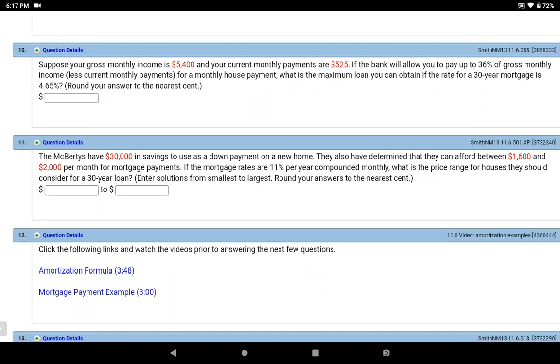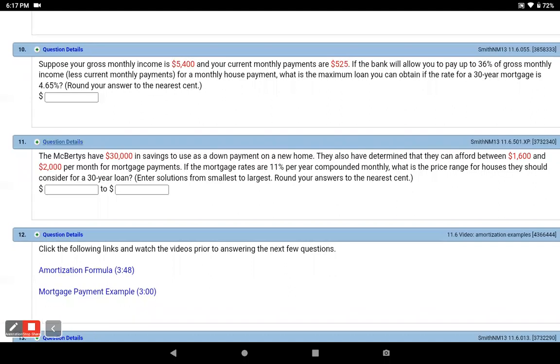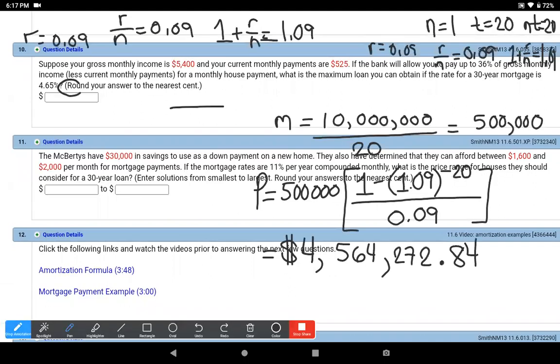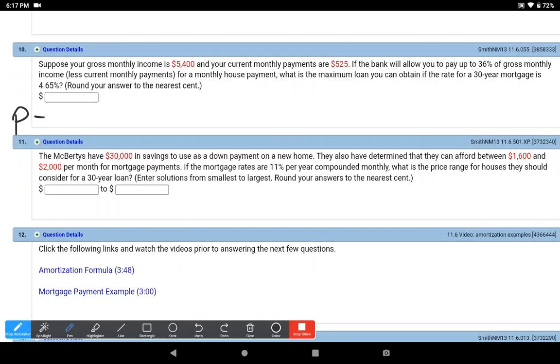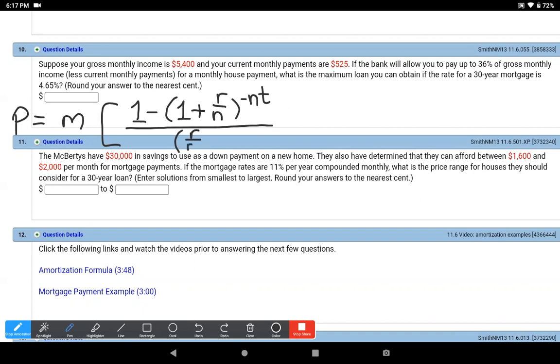So right now, our formula is such that we have P equals M times 1 minus the quantity 1 plus R over N to the negative NT divided by R over N. And we've been solving for P. We're going to keep solving for P a couple more times, but then we're going to switch and solve for M, right?